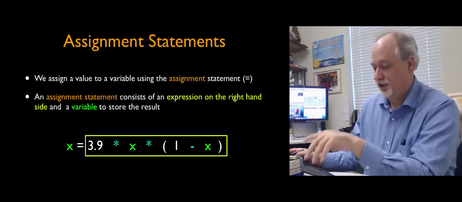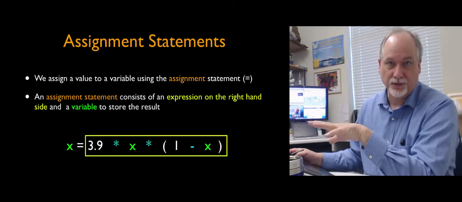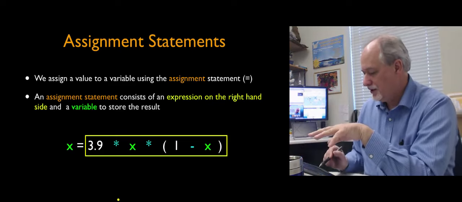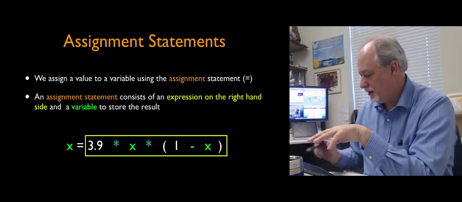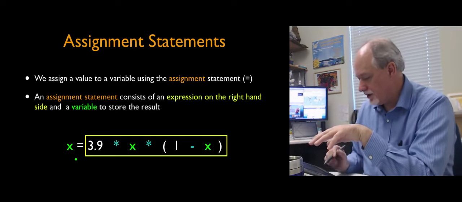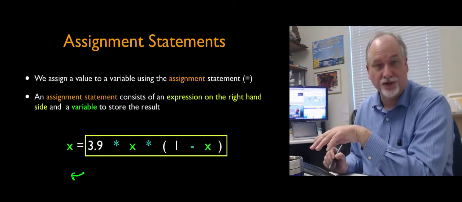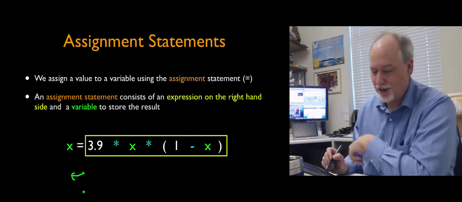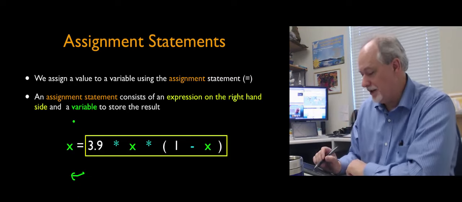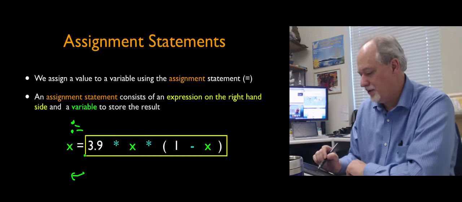Some early languages actually didn't use the equal sign for this assignment operator. Some languages, an early language, actually used an arrow. Arrows aren't really on people's keyboards. Another language used colon equals as this assignment operator, but we use equals.